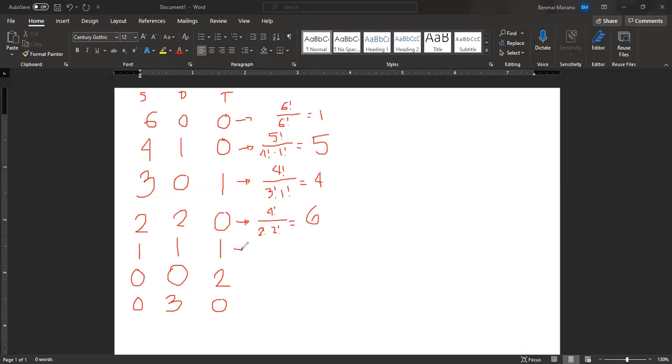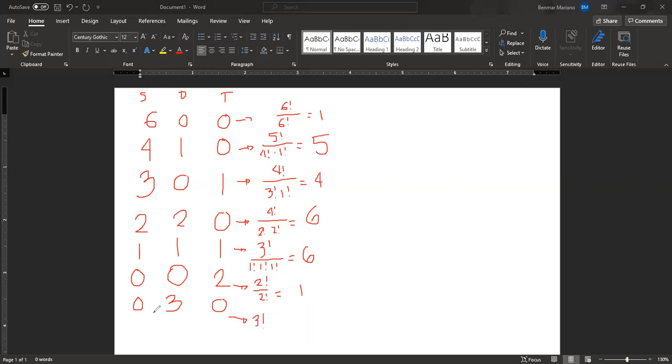Here, we add all the numbers. 3 factorial over 1 factorial times 1 factorial times 1 factorial. So that is just simply 6. In this case, this is just simply 2 factorial over 2 factorial, and that is 1.